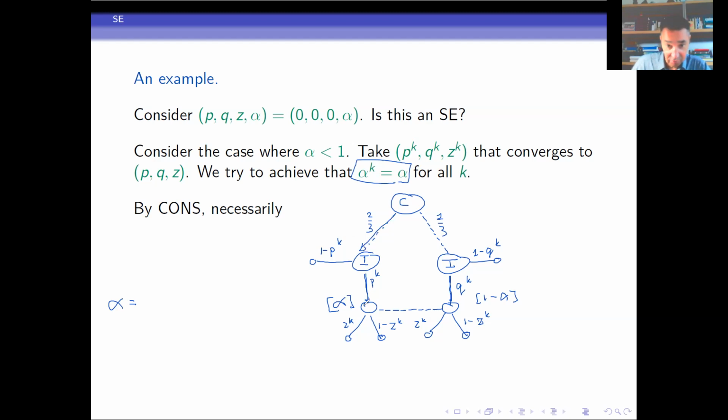So the probability to be over here is, as before, 2/3 times, well, in this case, pk. And what is the probability of being in that information set? Well, it is the probability from the left node, plus the probability for the node on the right-hand side, which is 1/3 qk.